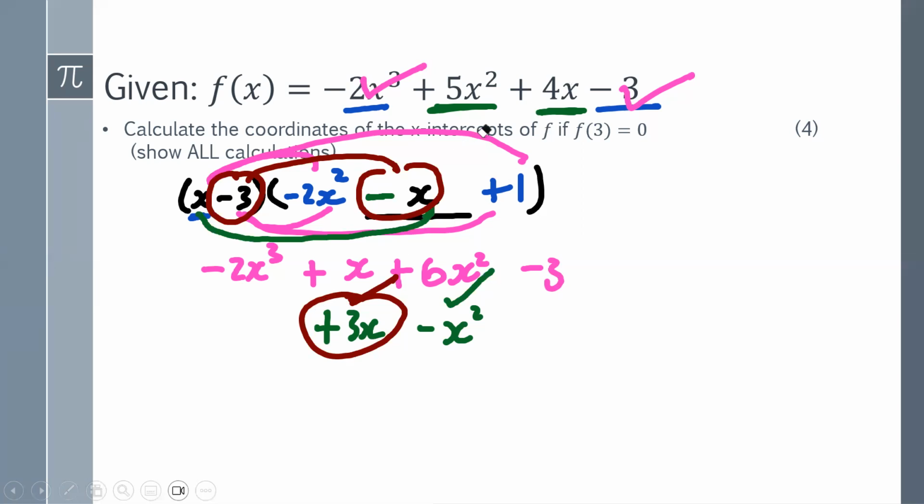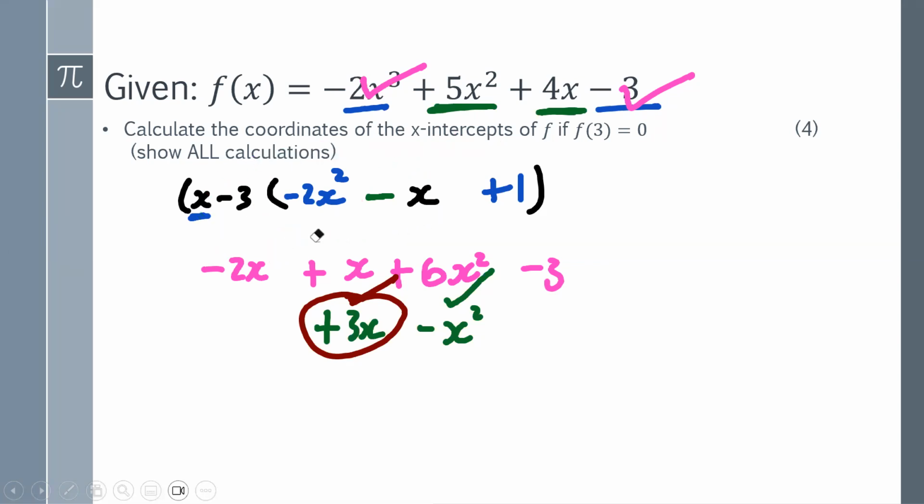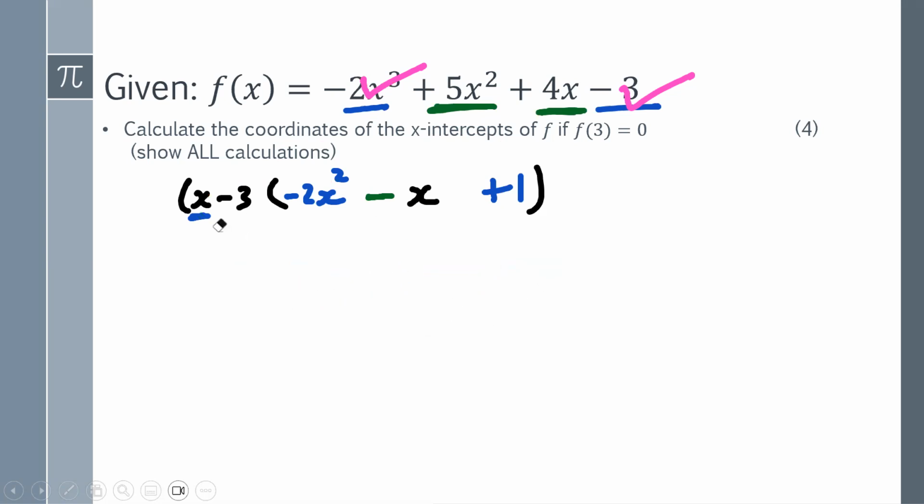Just like that, you have now completed your factoring for just the steps. So I will get rid of this thing. And what do I have? I have x minus 3 into that. Now, it is always nice to get rid of the negative sign when dealing with quadratics. So I'm going to factor out this negative sign, and take note, I am factoring it from this part of the equation, so there's no need to factor it twice.